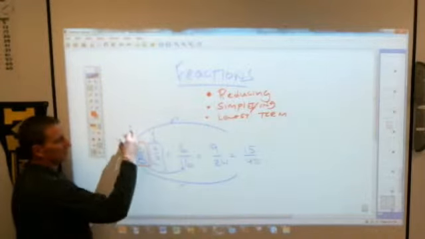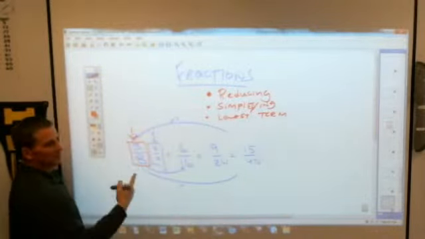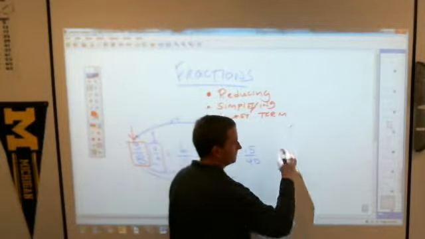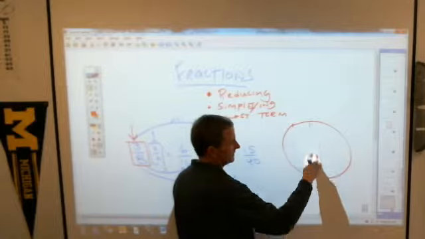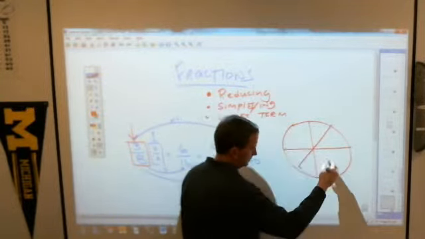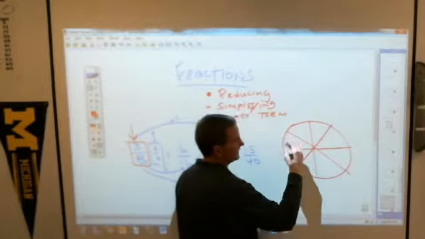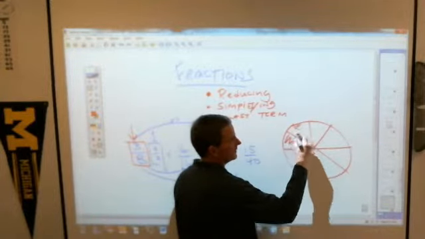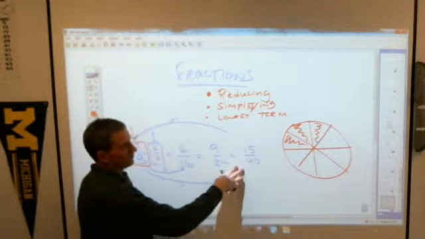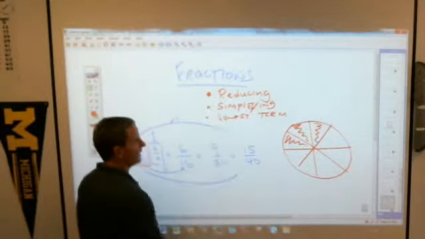The lowest terms would be this: 3/8 is as low as I can go. If I have a pizza and I cut it into 8 pieces, I can't get any lower than that. If I took this pizza and cut it into 40 pieces and chopped it into 15, you could get that.